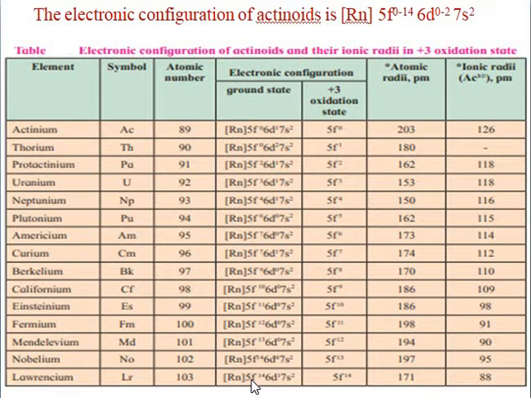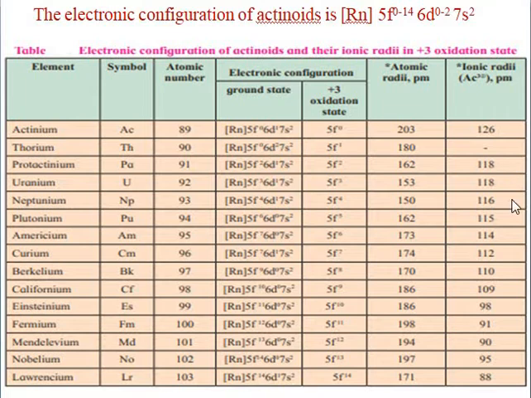All these elements show +3 oxidation states, and the f orbital contains electrons numbering 5f0, 5f1, 5f2, 5f3, 5f4, 5f5, 5f6, 5f7, 5f8, 5f9, 5f10, 5f11, 5f12, 5f13, 5f14 from actinium to lawrencium, and these successive electrons increase from actinium to lawrencium in their +3 oxidation states.